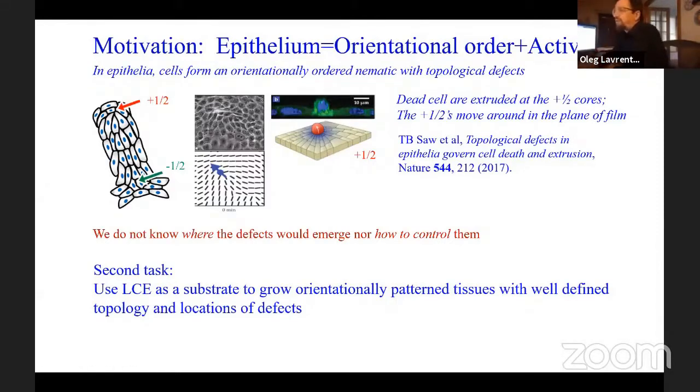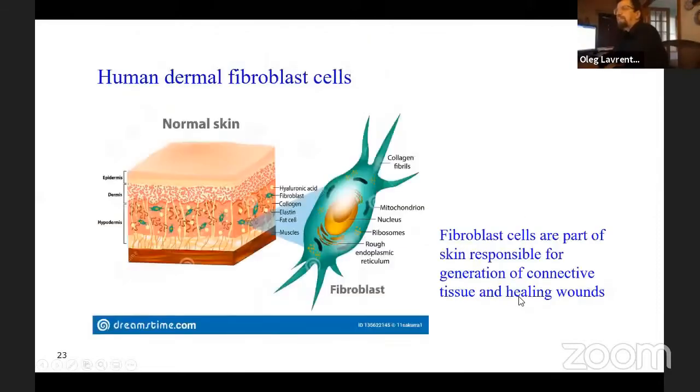But now we would like to use the real tissue for the production of topological defects. So we will use human dermal fibroblast cells. Those are an important ingredient in the structure of our skin. And these cells are elongated. You see fibroblast cells shown here in green.